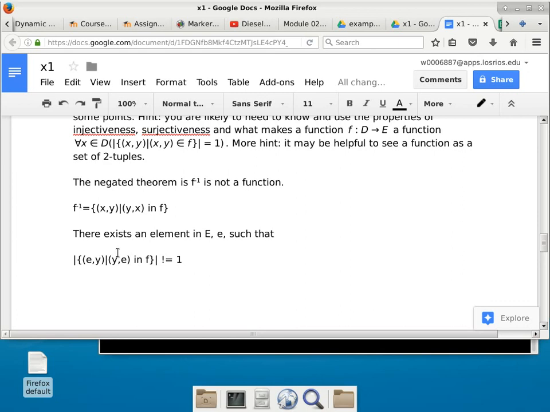Now, if the cardinality is not 1, there are two ways to make it not 1. So there are two separate cases. The first case is it is 0. Since I use C notation, I probably should stick with C notation here.